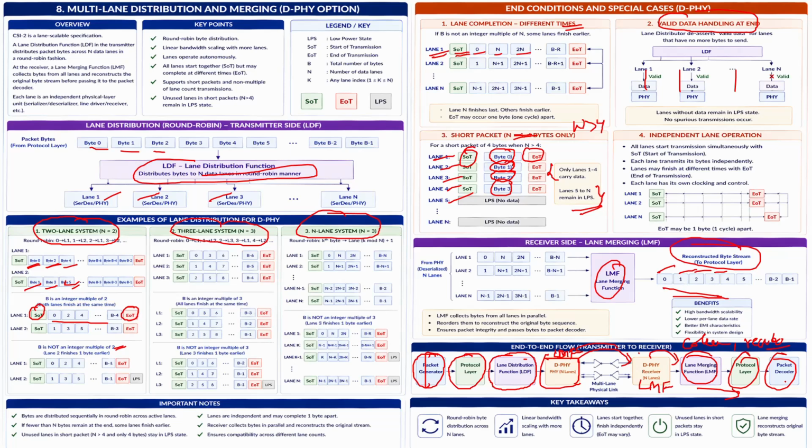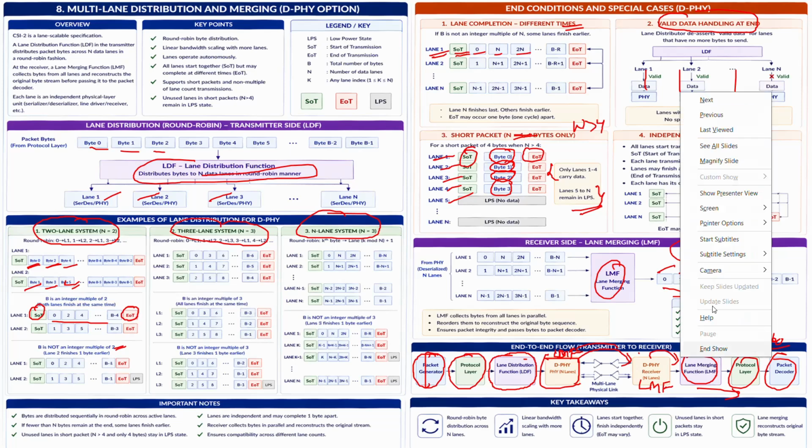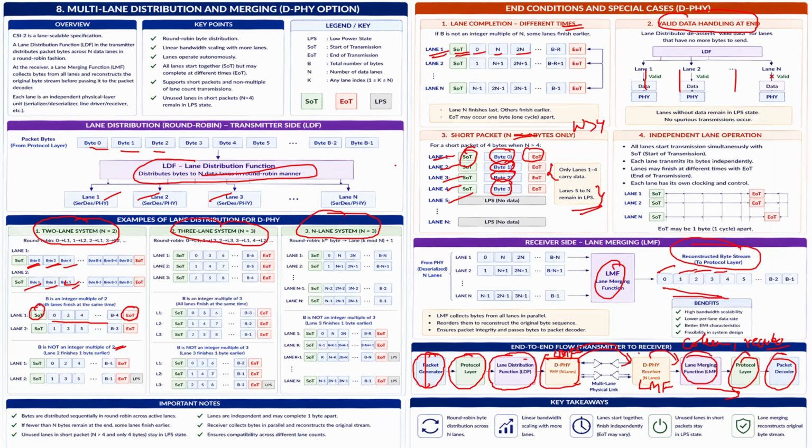So what we need to check in this lane management is whether round robin is working properly or not. Are you following the round robin method or not? Whether the lanes are mapped correctly, that means whether the modulo mapping of lanes is correct or not. And then byte ordering: all the bytes you are transmitting should be ordered, so we need to take care of the byte ordering.